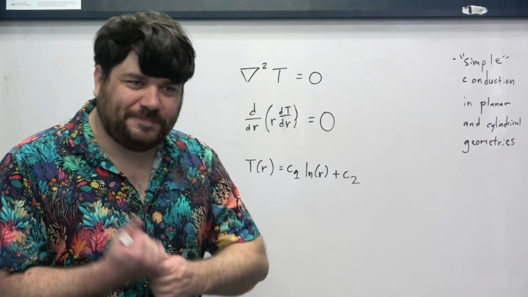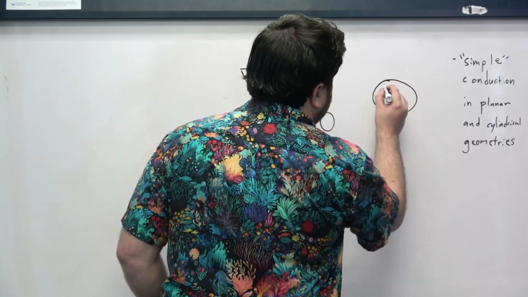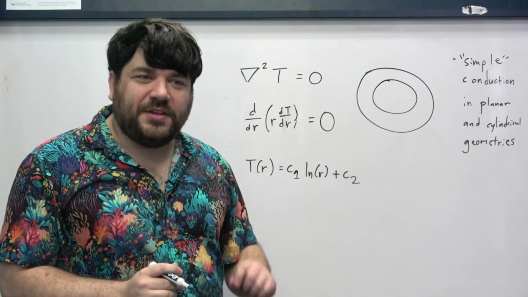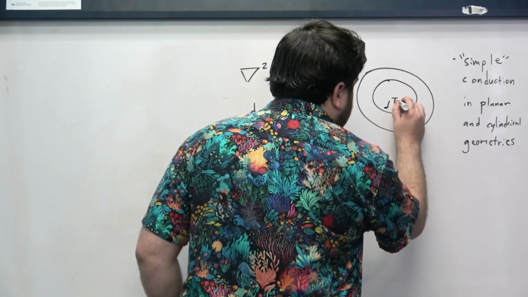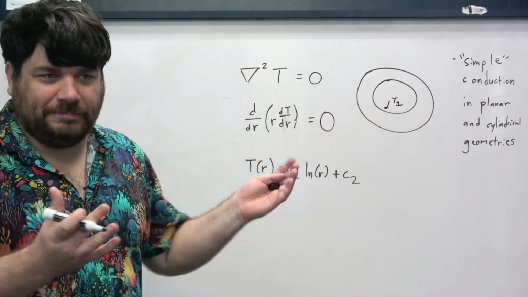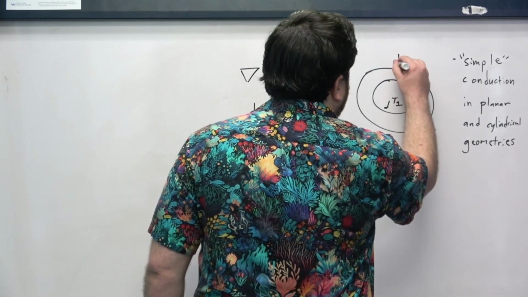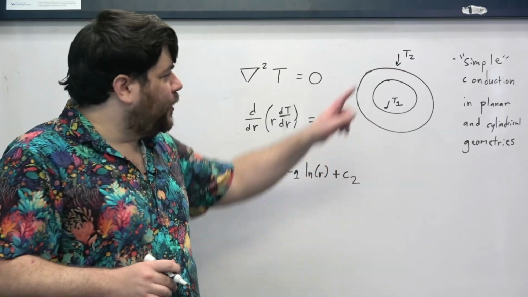Let's suppose that I have a cylindrical shell. I'm going to say that the temperature of the inner section of this shell is T1, and that the temperature of the outer part of the shell is T2.